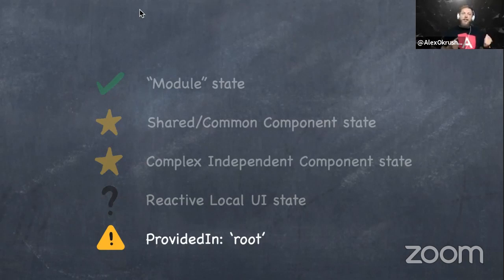First of all, as we see, the component store was mostly designed to be tied to one of the nodes in our application tree. Provided in root means it's a singleton, it's available throughout. If there is a state that needs to be shared widely, but it's very limited, it's not interacting with anything else, maybe. But for me, I would try to stay away from it as much as possible.